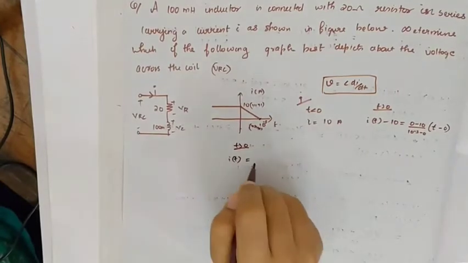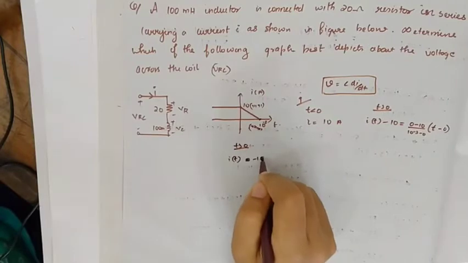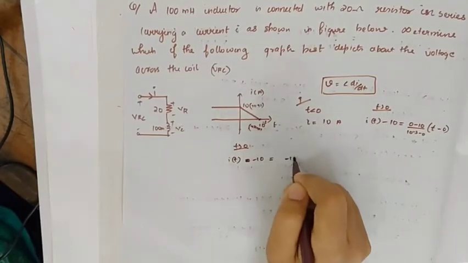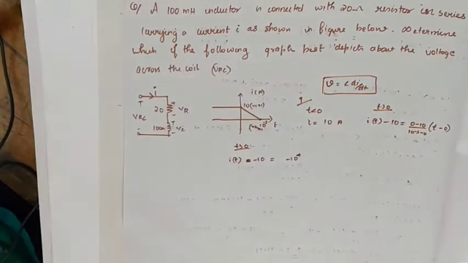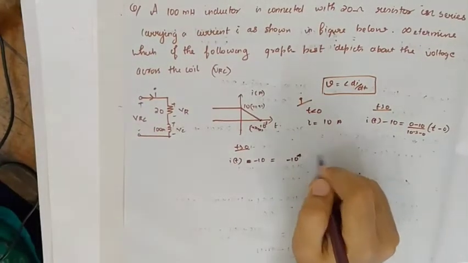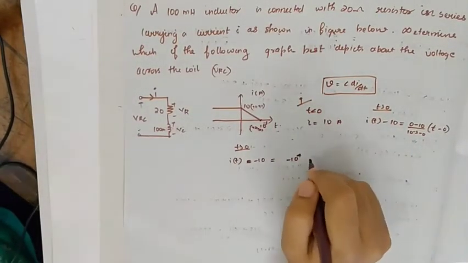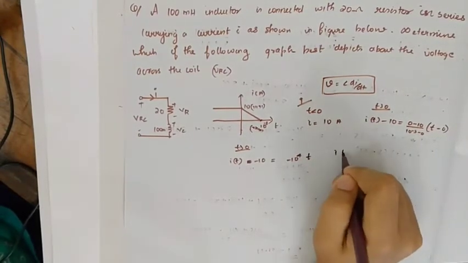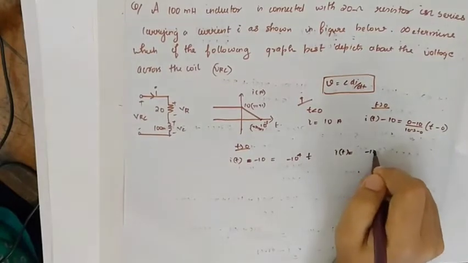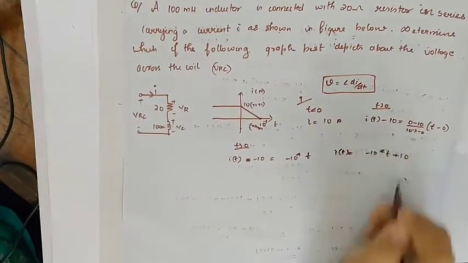equal to minus 10 raised to 4, since 10 raised to minus 3 goes up, and it will be 10 raised to 4 t. So I of t is equal to minus 10 raised to 4 t plus 10.